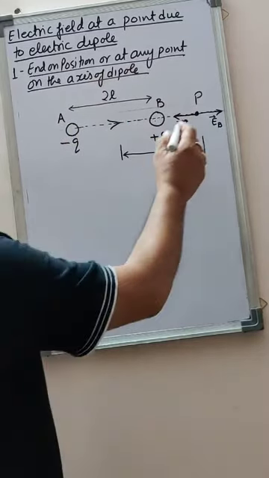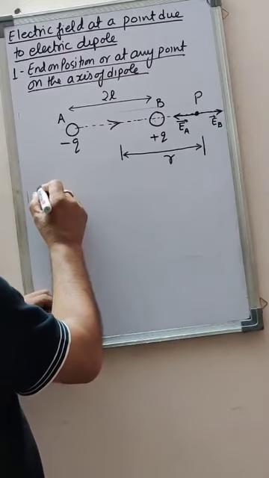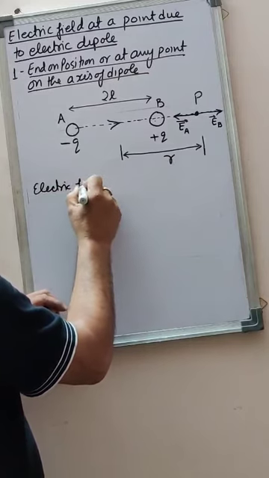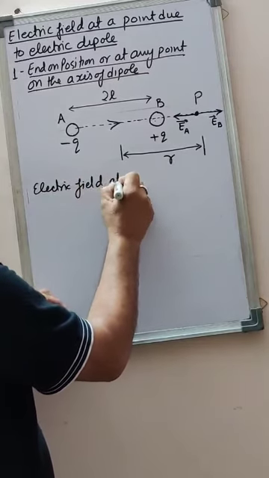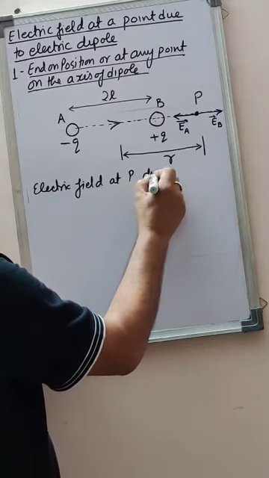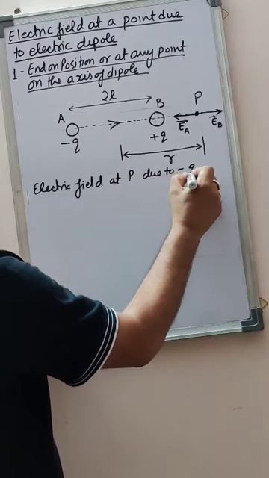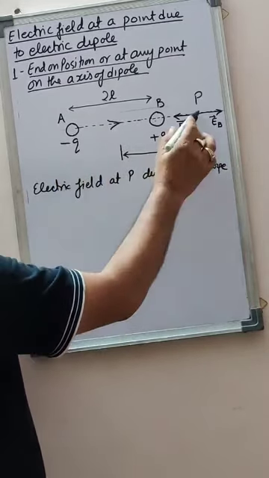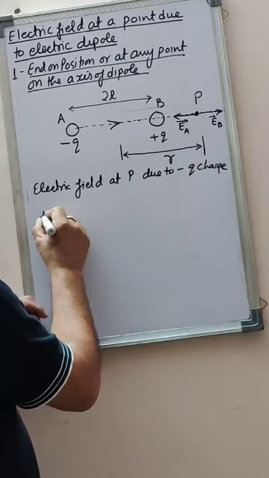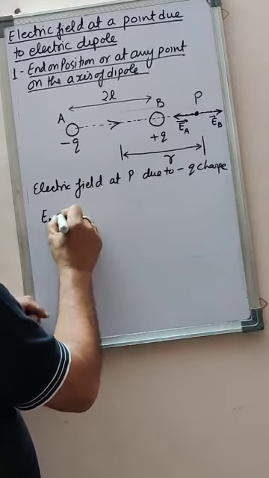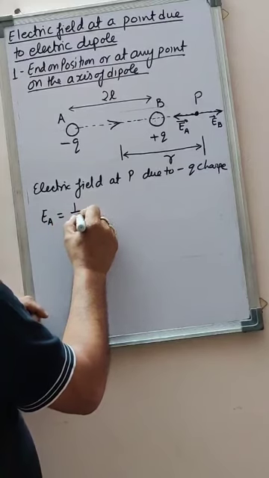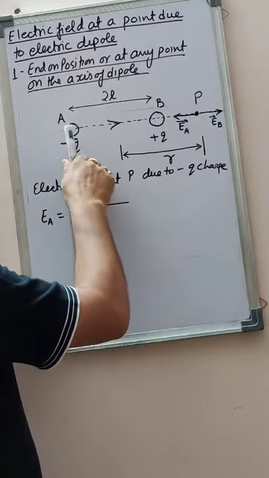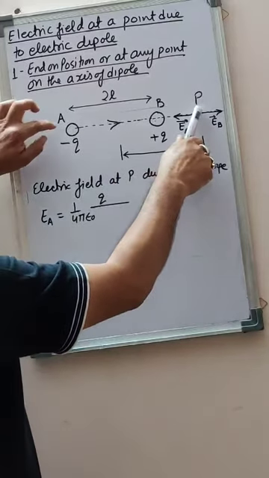Now we'll find the values of these two fields. So electric field at P due to minus Q charge: EA will be equal to 1 by 4 pi epsilon naught Q upon the distance from here to here.